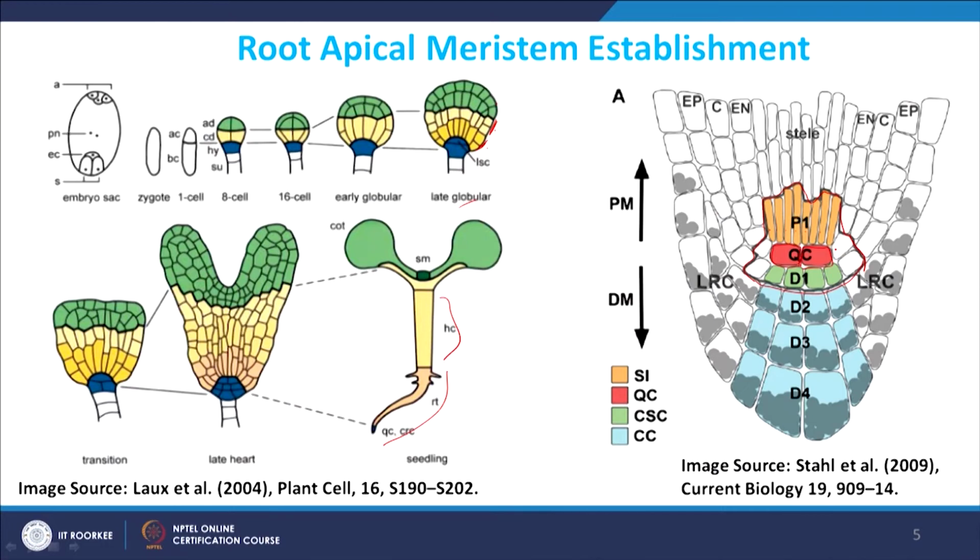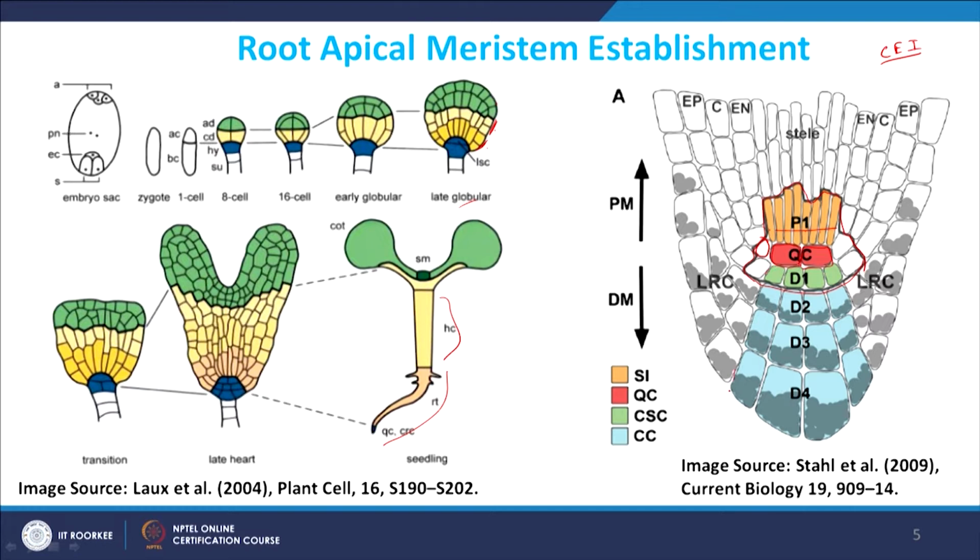Then, depending on their position, these initials are like stele initials, and for cortex and endodermis you have a common initial, which is called CEI, the cortex endodermis initial. Then there is the D1 layer just below the QC; these are the initials for the columella cells.